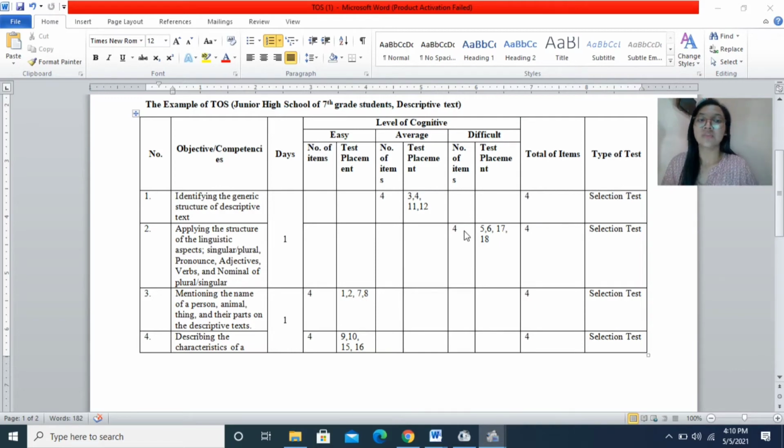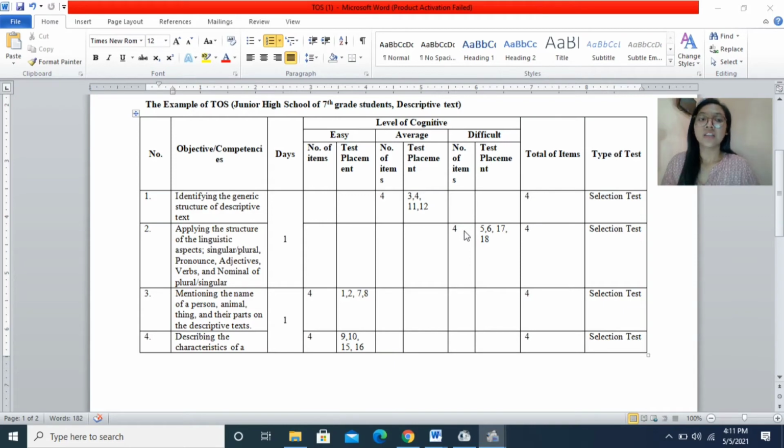Objective number 2 is applying the structure of the linguistic aspect: singular or plural, pronouns, adjective, verb, and nominal of plural or singular. Because this objective is related to objective number 1, we are combining these two objectives to teach students in just 1 day.